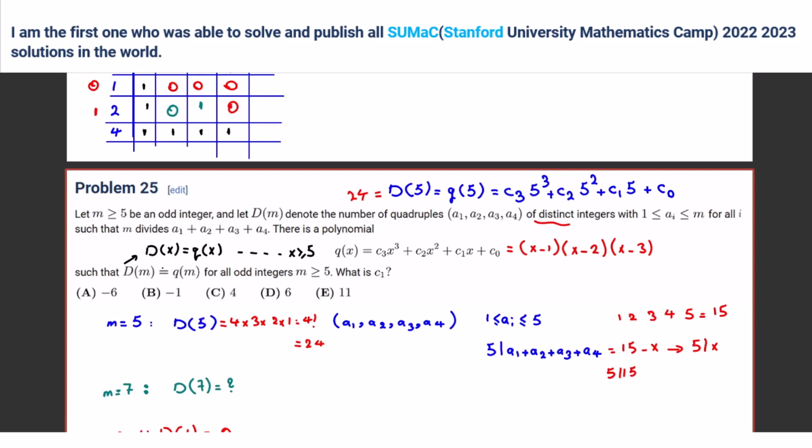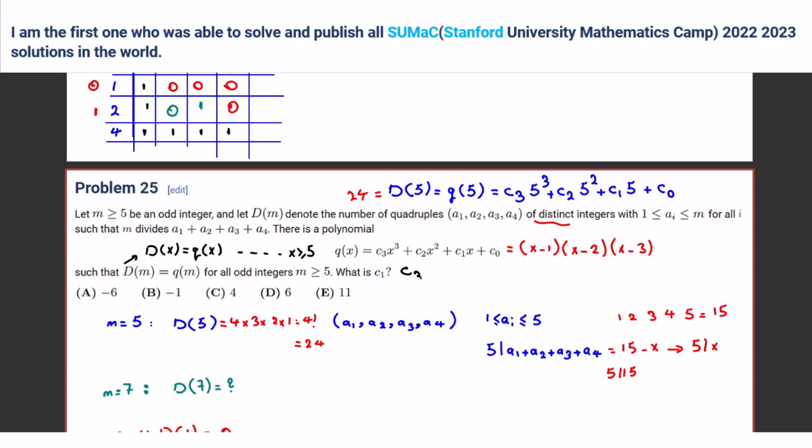It's not important whether it's x or m. So we can say these two polynomials are equal for infinitely many values, right? We know if they are equal for at least 4 different values of x, all corresponding coefficients are equal. So here we have infinitely many, so obviously all corresponding coefficients are equal, right?